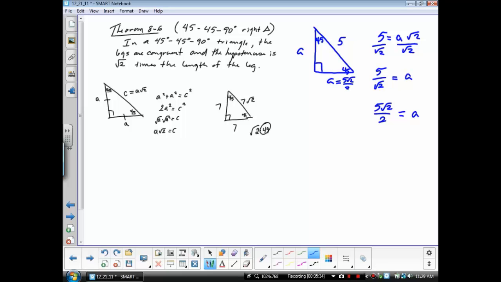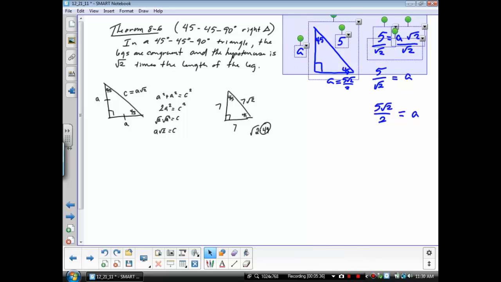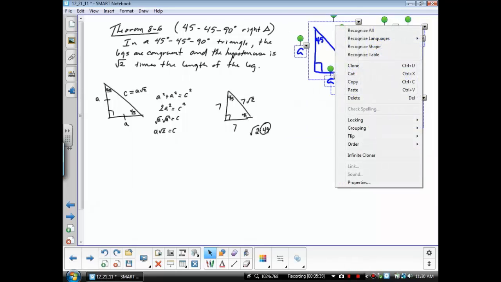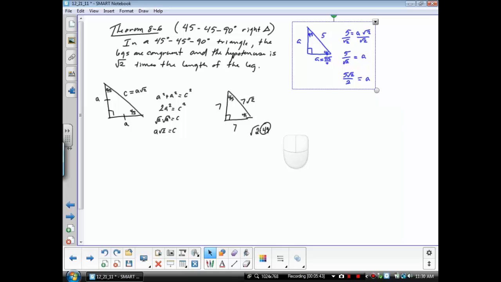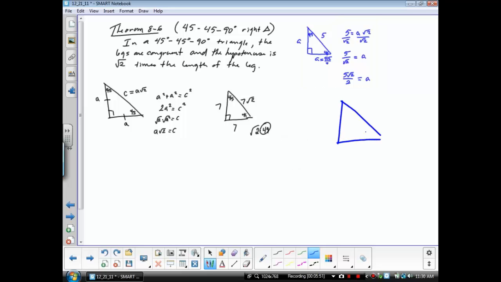Okay, my next level of difficulty. What we're going to know is the hypotenuse is 5 root 3 over 3. Next level of difficulty, 45-45-90. Hypotenuse is 5 root 3 over 3.